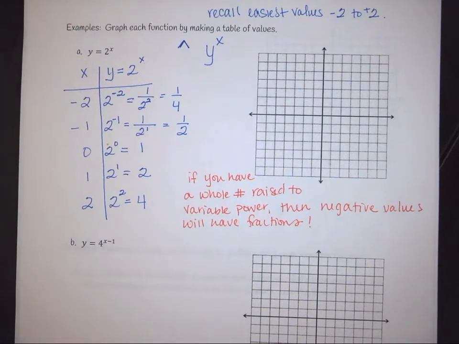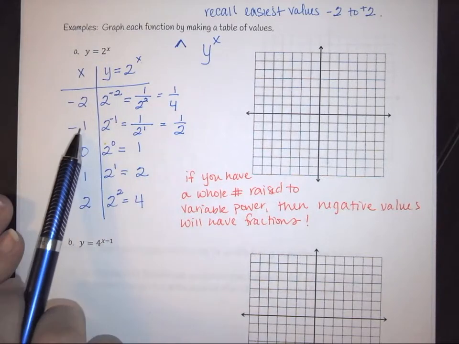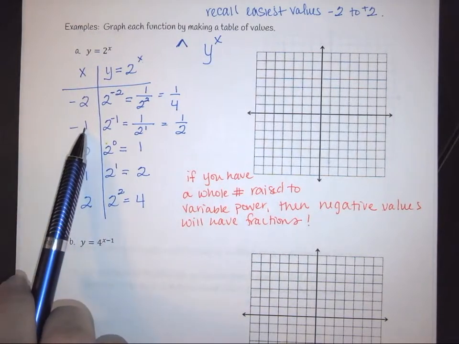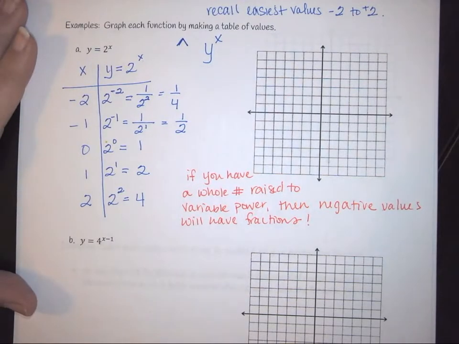So if we know that about whole numbers, you can make a guess that if this was a fraction, then my negative values would give me a whole number as a result. Okay, so that's one thing to keep in mind.